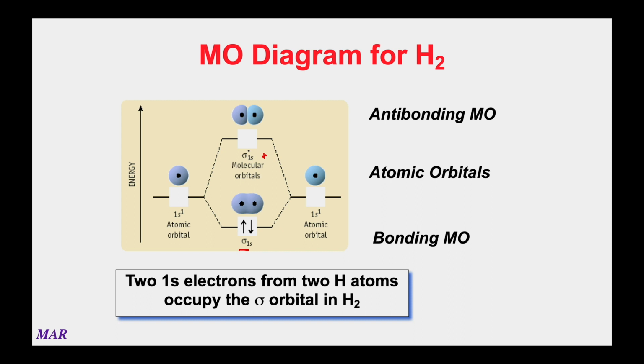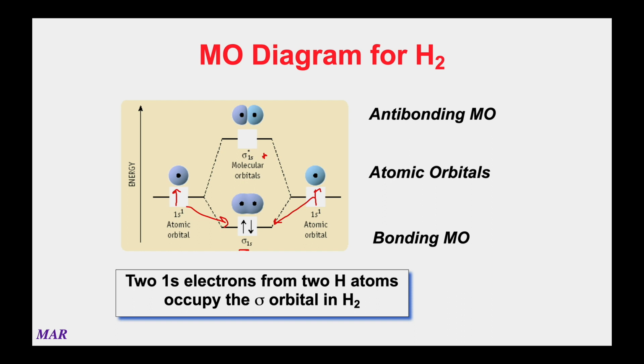Initially, there was a single electron in the left hydrogen and a single electron in the right hydrogen. Then in the molecular orbital diagram, they both went to the lower bonding molecular orbital. Electrons always go from lowest to highest orbital. One is spin up and one is spin down, giving them opposite spins.